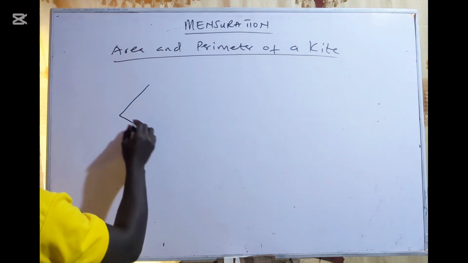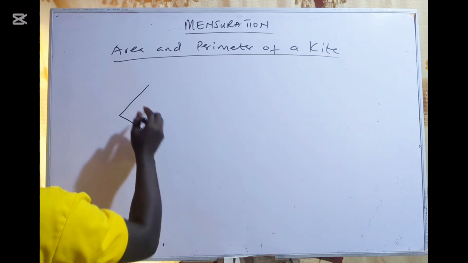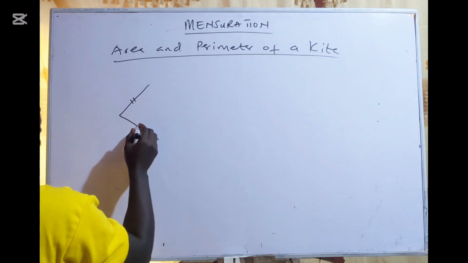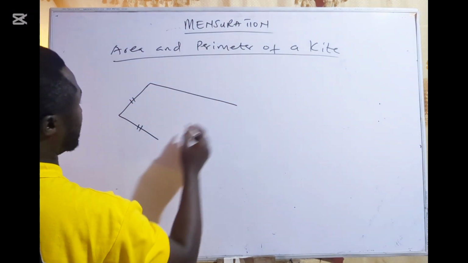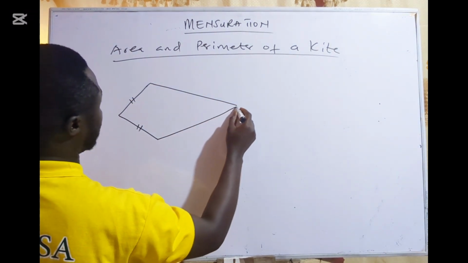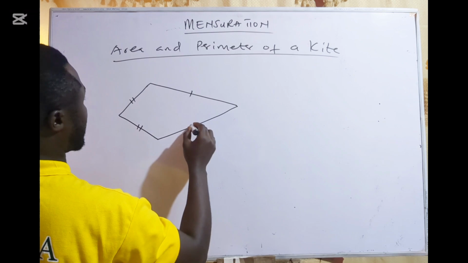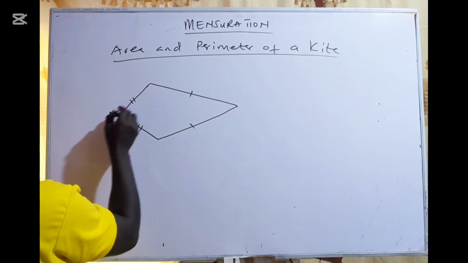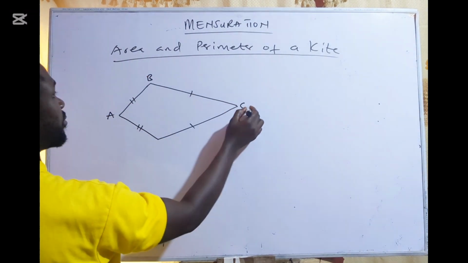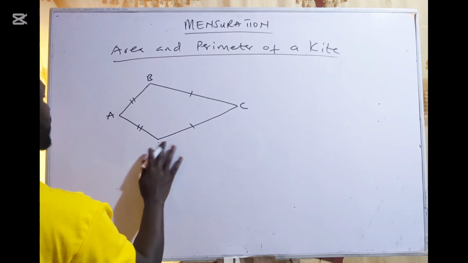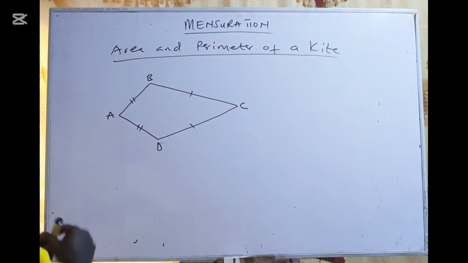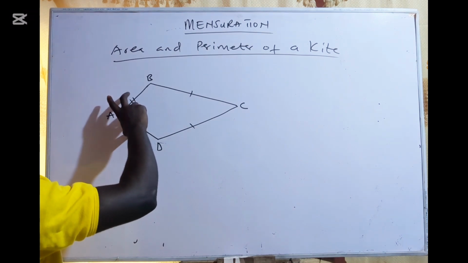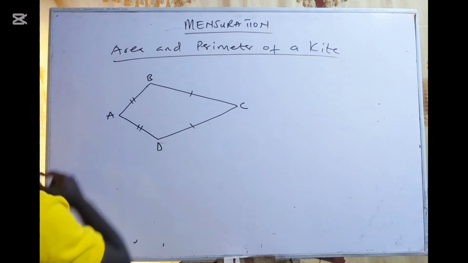So two pairs of adjacent sides. This side will be the same as this side. Let's say my A, B, C, and D. With a kite, these two sides that are adjacent are the same.